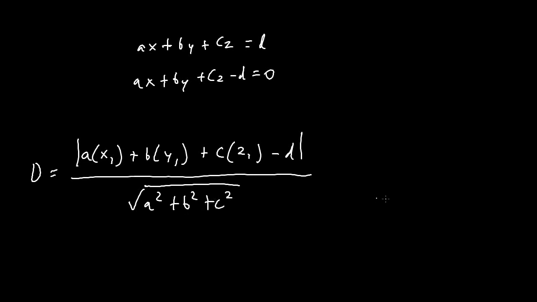Now x1, y1, and z1 is just going to be that given point that we're trying to find the distance from the point to the plane. And then a, b, and c are going to be the coefficients of the given equation of the plane. D is going to be that constant, and so we can plug all those numbers in and find the distance.